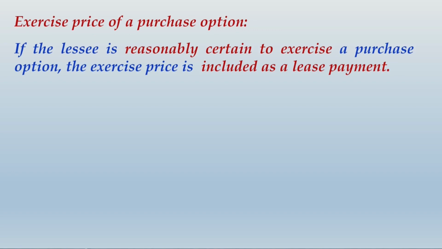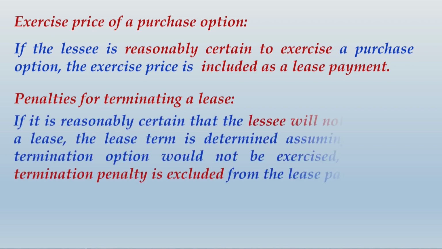Based on what we have discussed about the purchase option, that is the exercise price of the purchase option, if the lessee is reasonably certain to exercise a purchase option, the exercise price is included as a lease payment. Next thing we have discussed is penalties for terminating a lease.